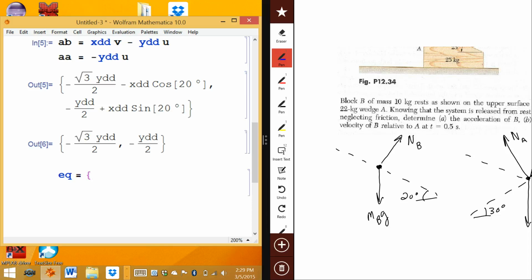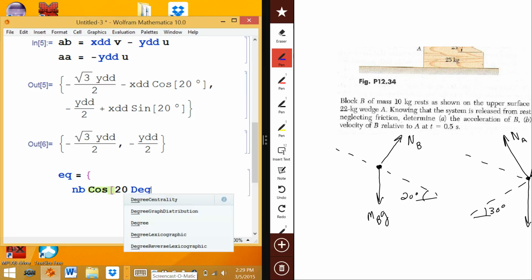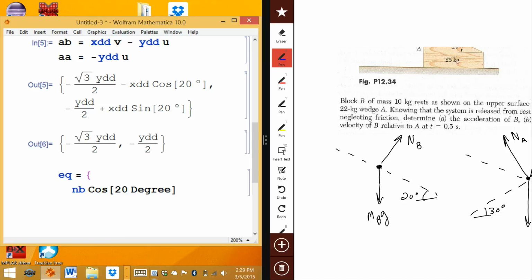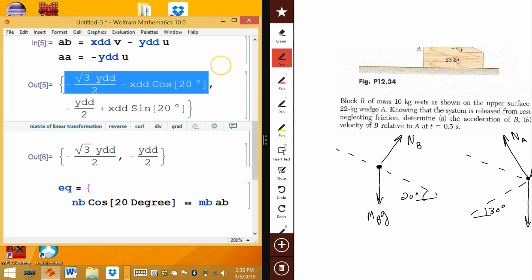That would be N b times the cosine of 20 in the I, that's all, so that equals mass of b times the acceleration of b in the I direction, which is this piece right here.